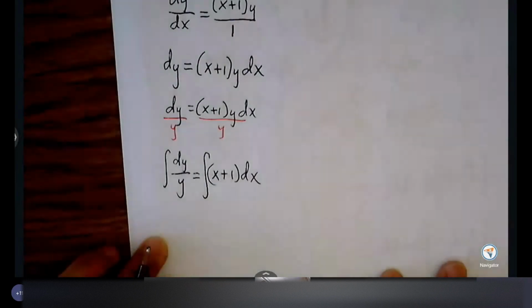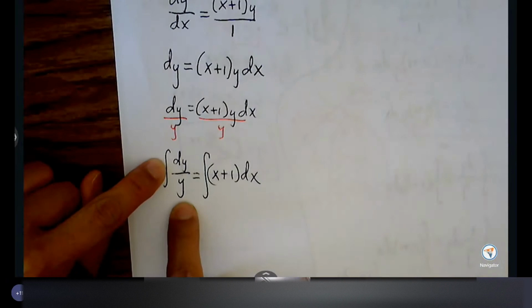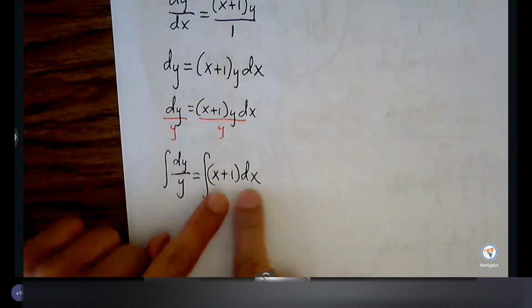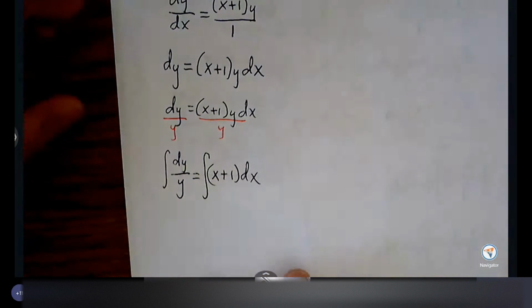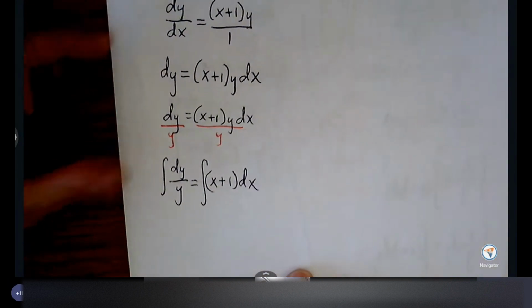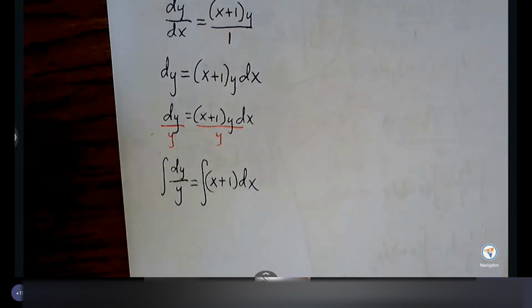Do I have full separation now? Okay. Y's together, X's together, we're good. But I will keep reminding us that it's okay to have a variable X or Y in the denominator if that's where it ends up.